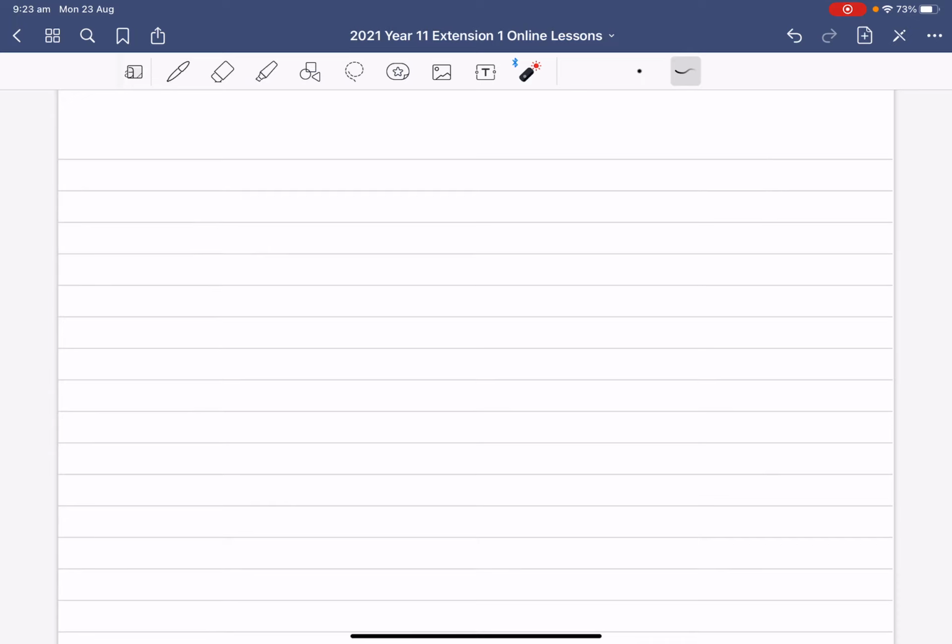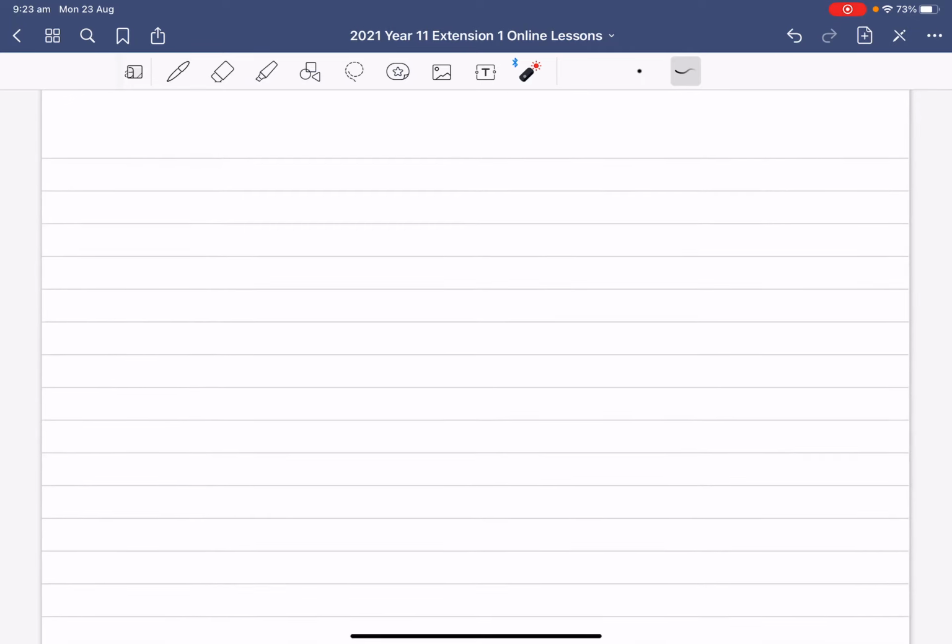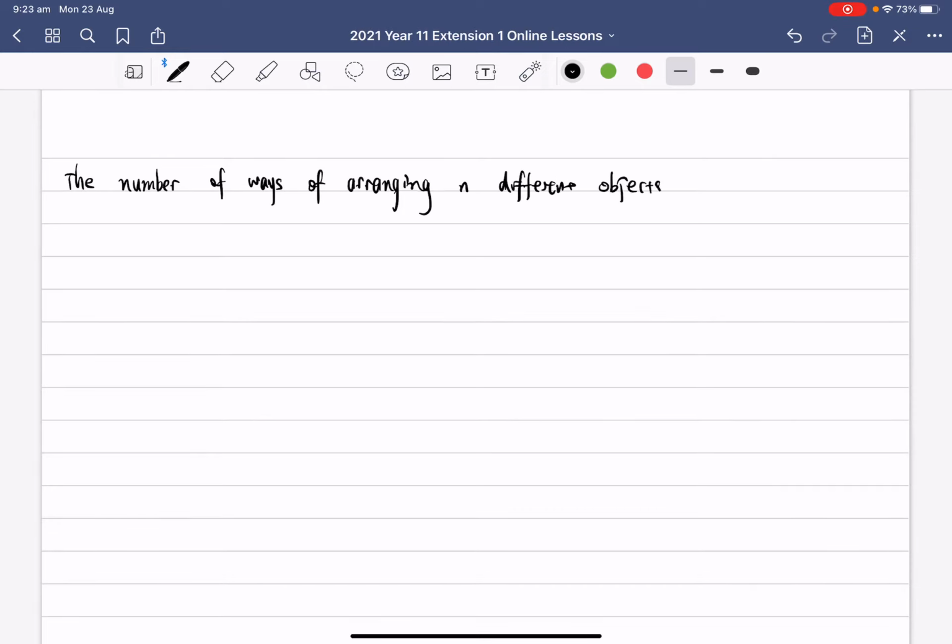Alright, so the definition for a circle arrangement is the number of ways of arranging n different objects in a circle. Actually, it doesn't matter which are clockwise or anti-clockwise direction.